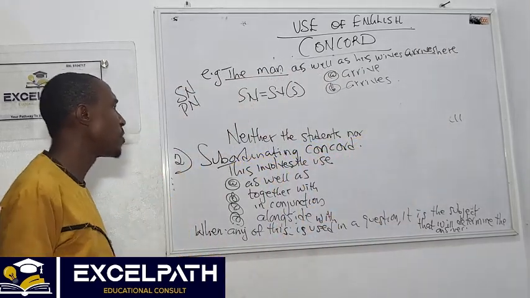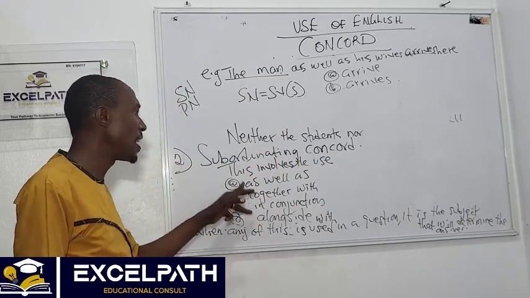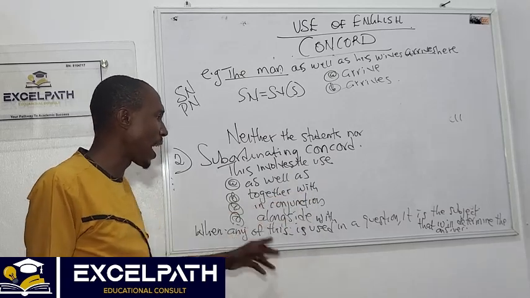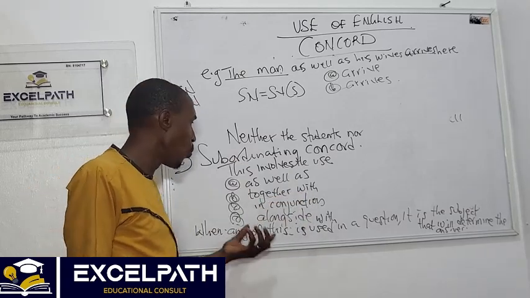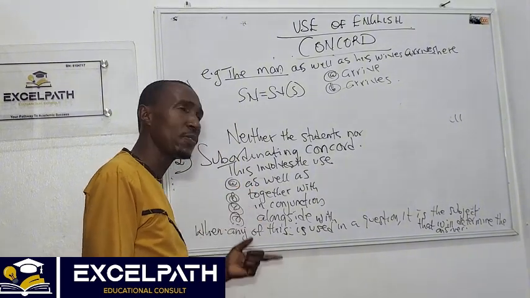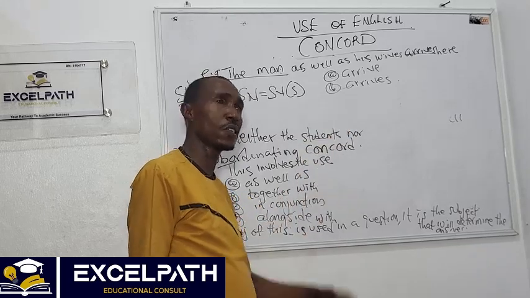So that's the principle of subordinating conjunction. Using as well as, together with, in conjunction, and alongside with. Whenever any of this is used in a question, it is the subject that will determine your answer.